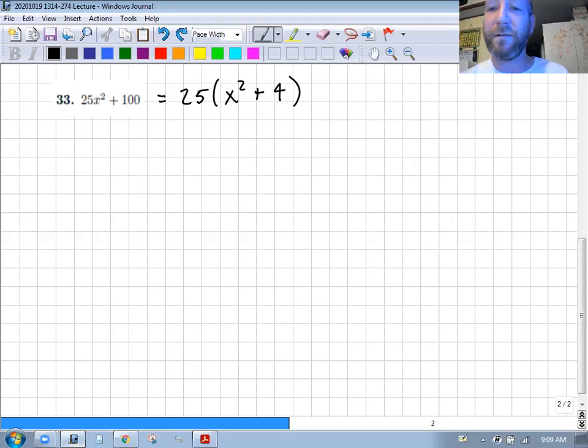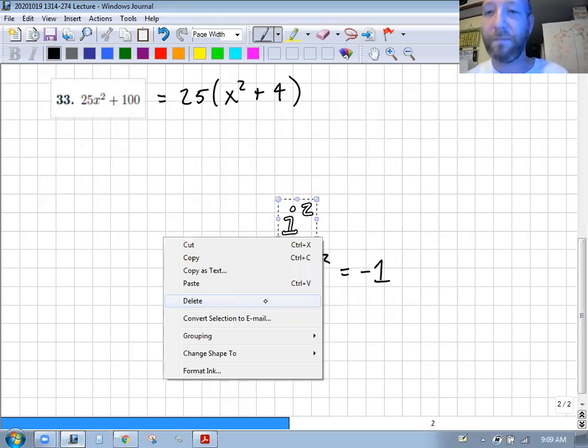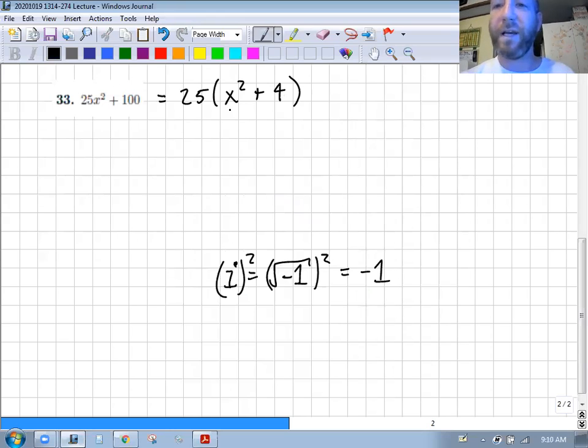Remember, i squared is -1, right? Because i is the square root of -1, right? So if you square both sides, the square root of -1 squared would be a -1, okay? So keeping that in mind, we can write this as a difference, all right? This is an x squared minus 2i squared.